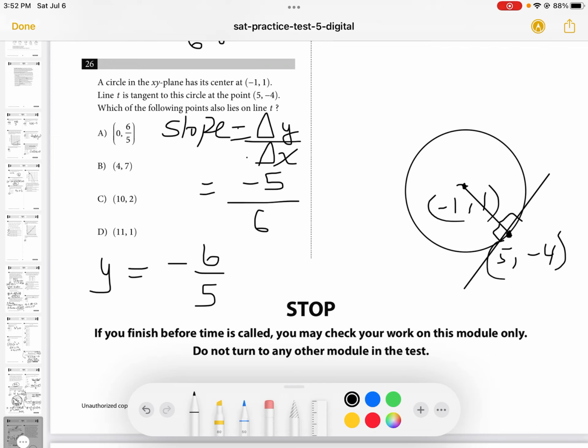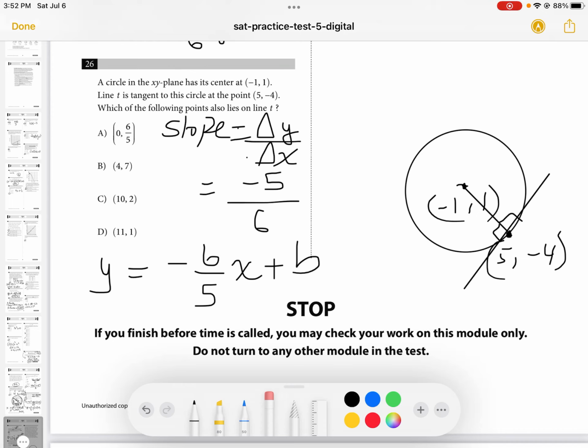So our equation for the tangent line will look something like y equals negative 6 over 5x plus b. Now all we have to do is plug in the point 5, negative 4, and we'll get our b value. If we plug in x equals 5, we'll get negative 6 plus b is equal to negative 4.